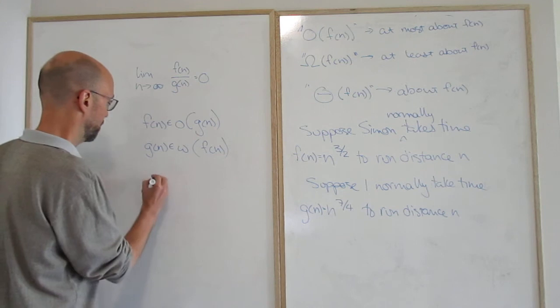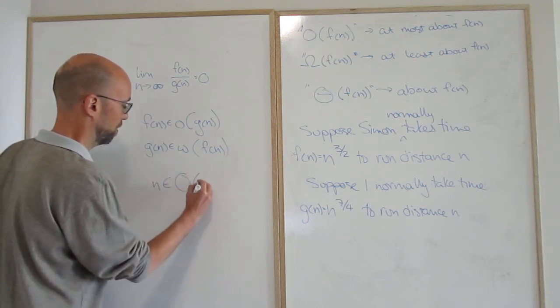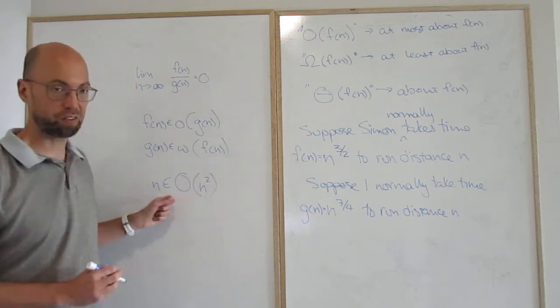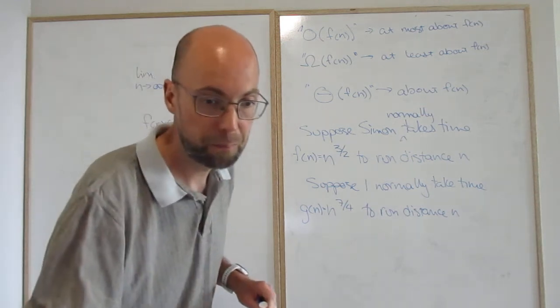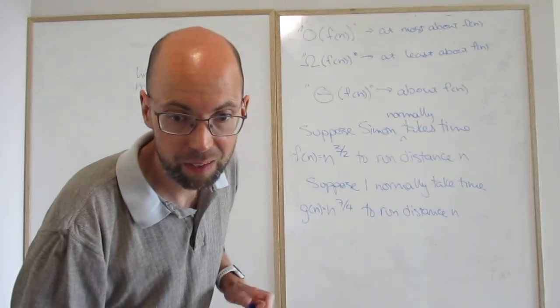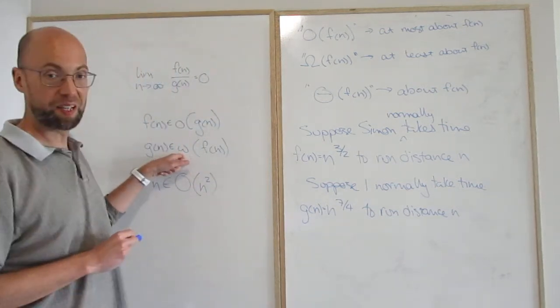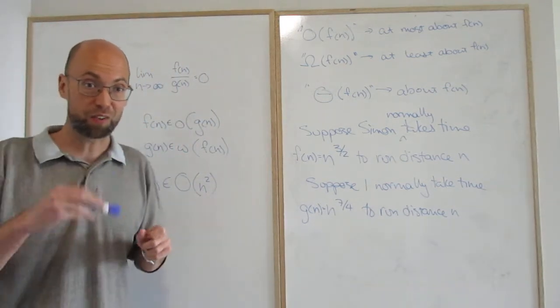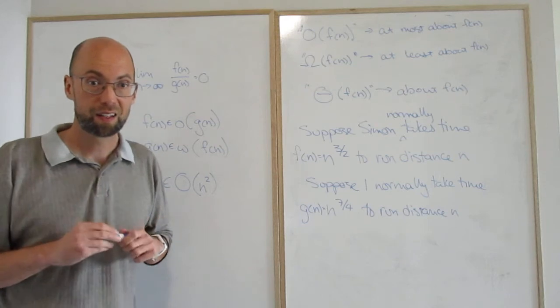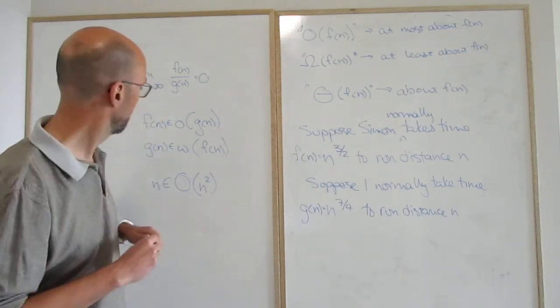You've probably seen somebody write something like this. This is little omega. It looks like a cursive w. It would normally be the third notation.